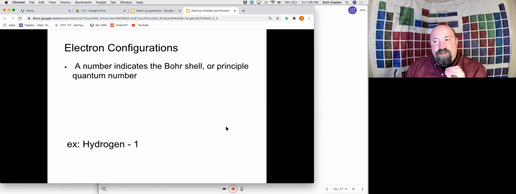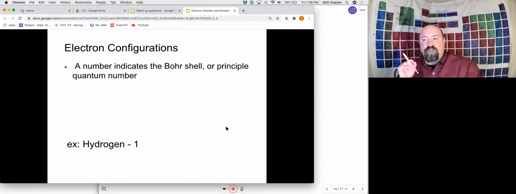When we are filling out an electron configuration, we're looking at showing all the electrons in the atom, and exactly where all those electrons are as far as what type of orbital they're in.